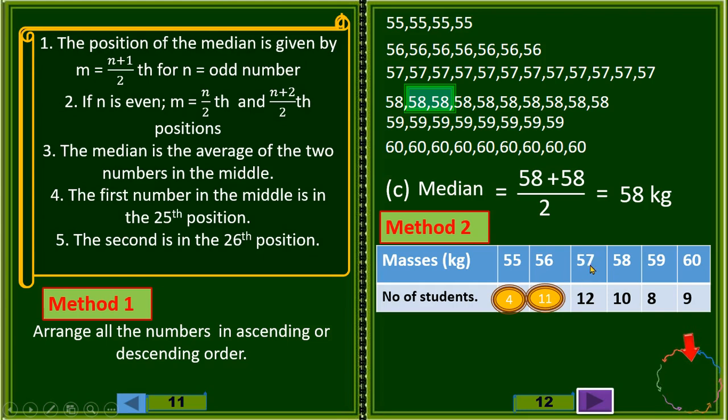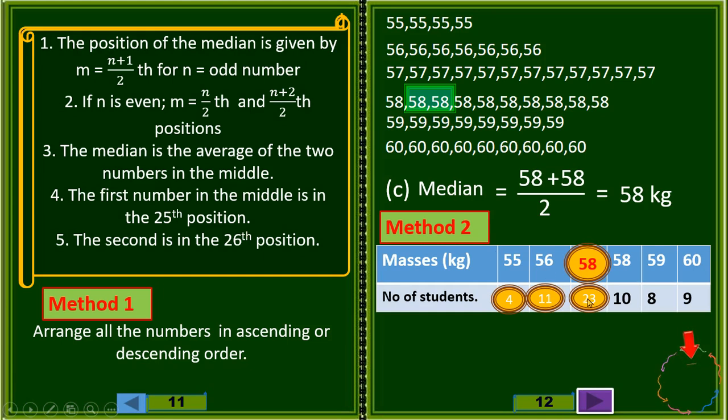Then for 57 kilogram, we have 12 of them. If we add 12 to 11, that will give us 23. And remember, the median should be in the 25th and 26th position.